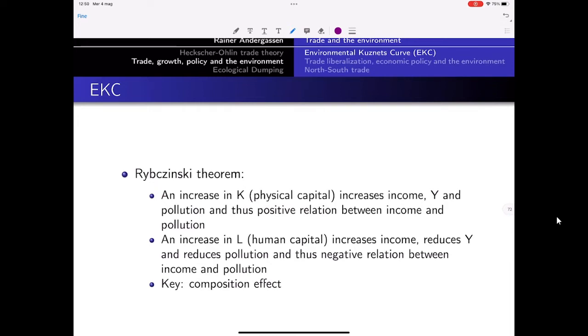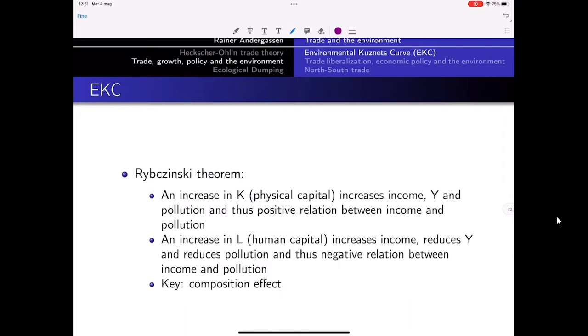If a country is in an early stage, so it's a less developed country, then usually growth comes through accumulation of physical capital. This is known as a process of industrialization.